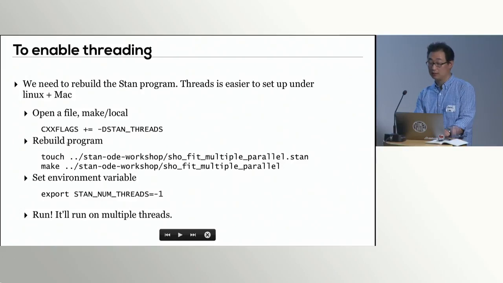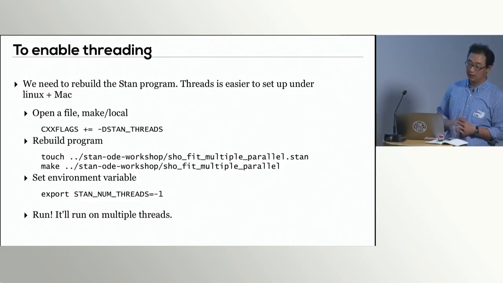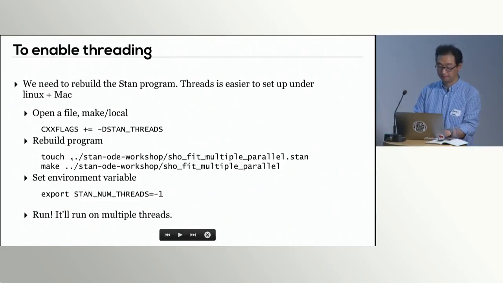All right, so next you have to actually build the program. I've already built it before, so what I had to do is trick make into thinking that I've touched the file, that I've changed the file. That's what that does, and then I just build it like I would normally build it. Once I do that, it automatically builds it with threading available.